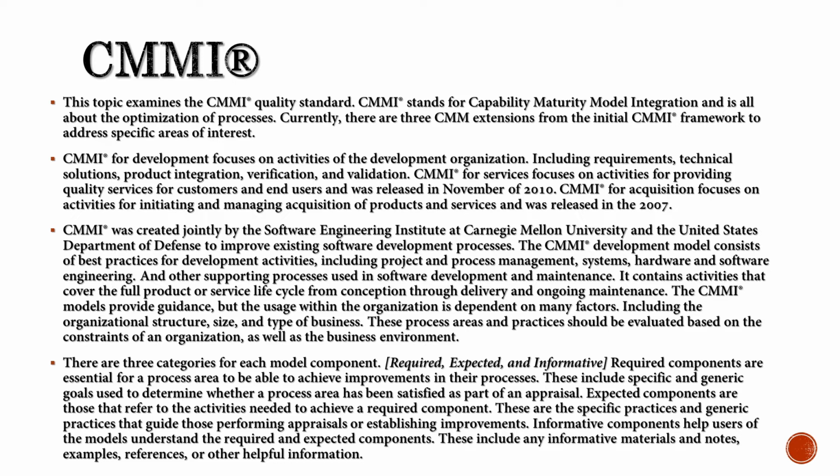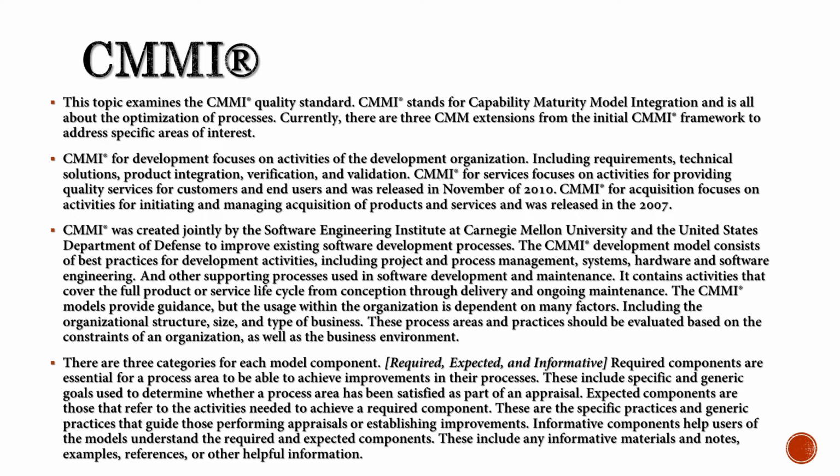There are three categories for each model component: required, expected, and informative. Required components are essential for a process area to be able to achieve improvements in their process. This includes specific and generic goals used to determine whether a process area has been satisfied as part of an appraisal. Expected components are those that refer to the activities needed to achieve a required component.